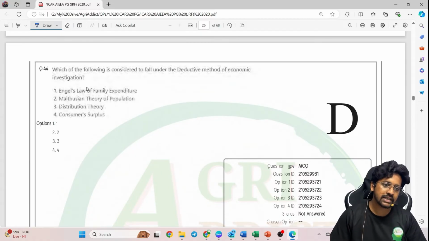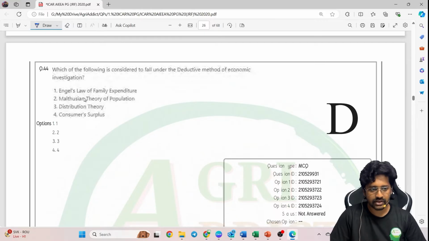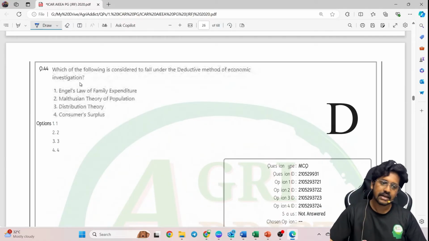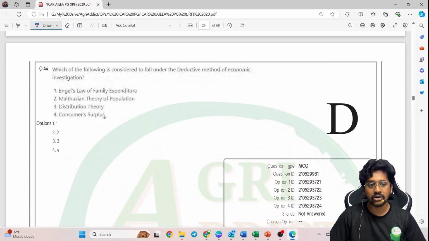Among the theories given in the options, Engel's theory of family expenditure, Malthusian theory of population, distribution theory, and consumer surplus, the theories coming under the cardinal utility approach, which were the earlier theories, fall under the deductive method of economic investigation.